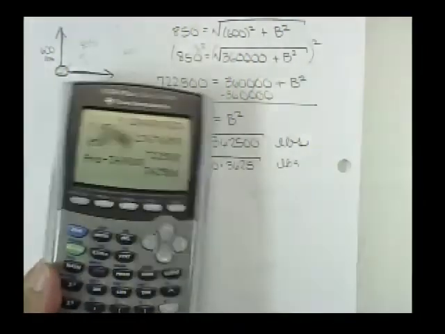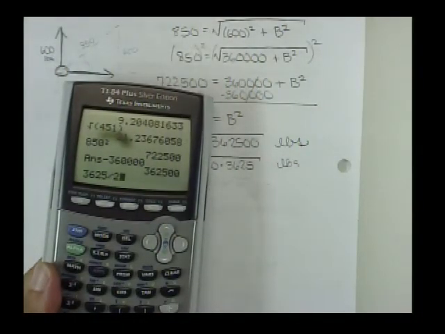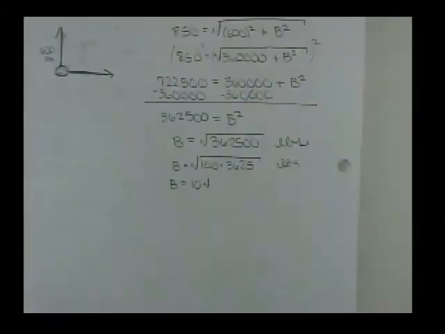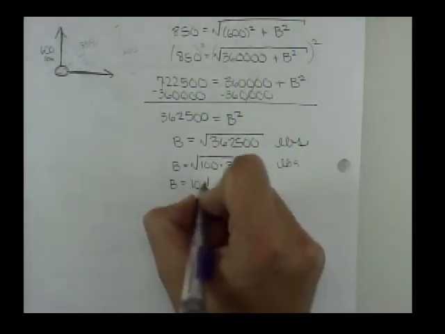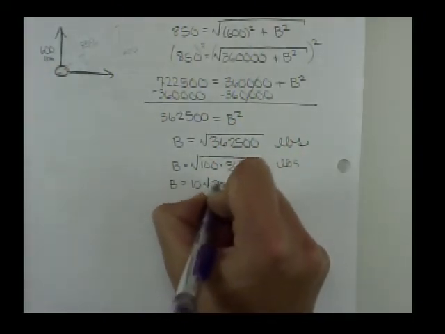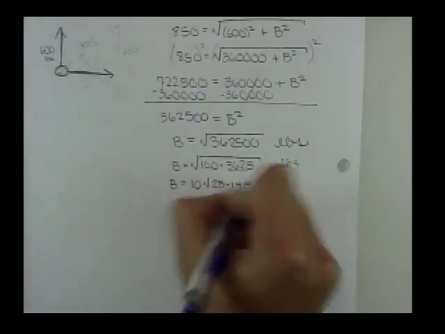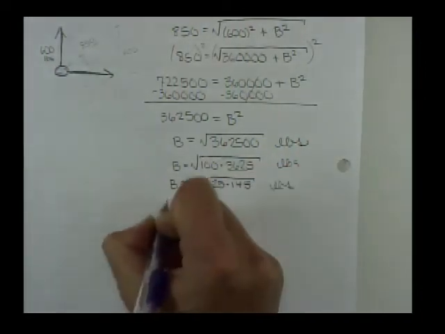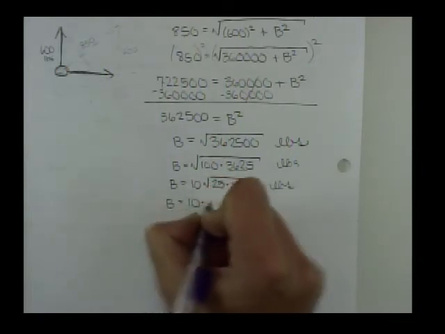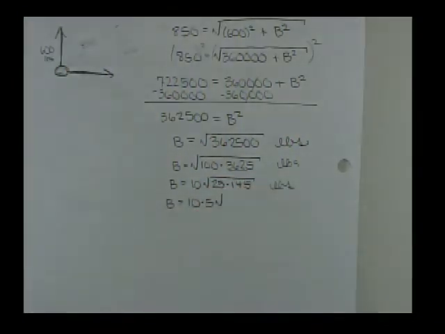So if I do 3625 divided by 25, I get 145. So I can write 3625 as 25 times 145. And then what else can I bring out in front of the radical? 5. So we have 10 times 5, and then the square root of 145.